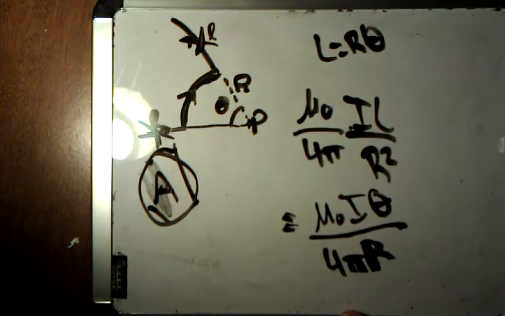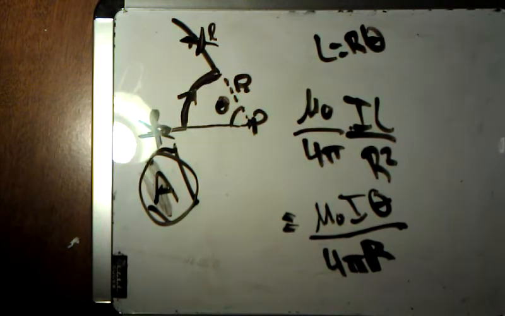So now that we have part A, they're now asking us if we substitute theta as 2 pi, will it agree with the magnetic field of a current loop? Let's see what happens.